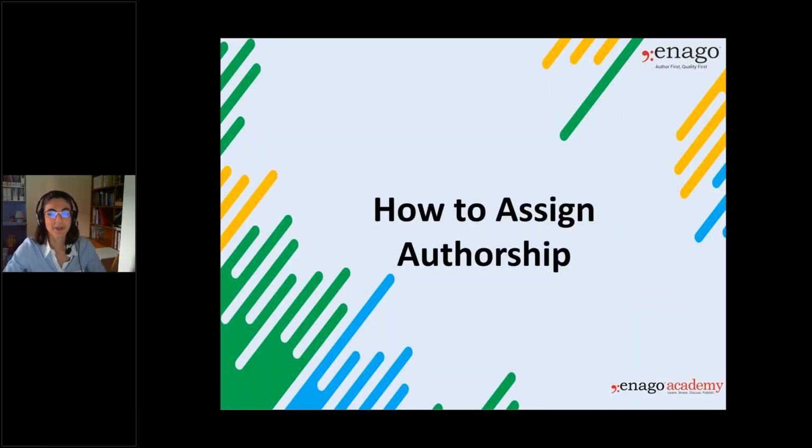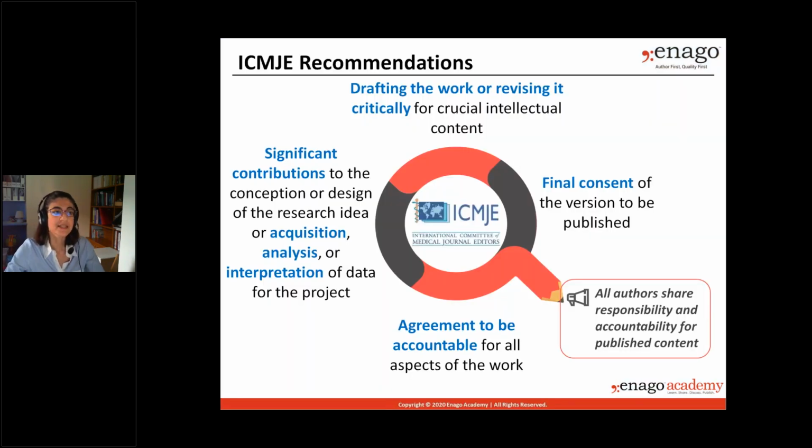But how do we go about assigning authorship? A very important question to know and an important skill to have. The ICMJE recommendations indicate that there needs to be a significant contribution to the conception or design of the research idea or acquisition or analysis or interpretation of data for the project.